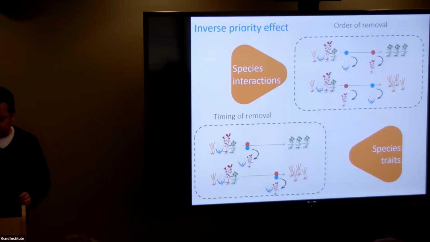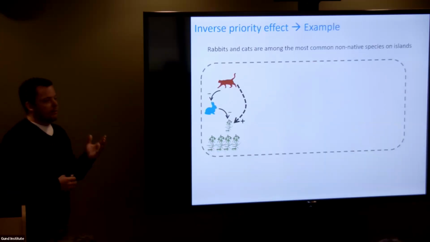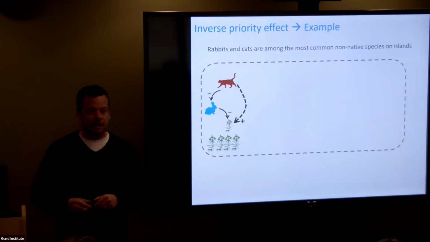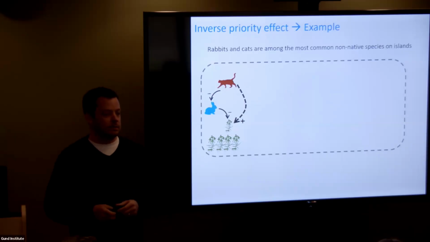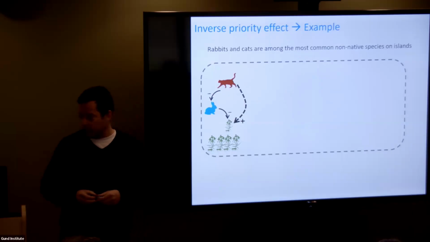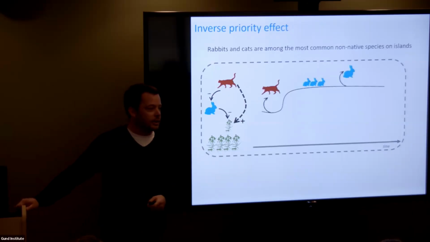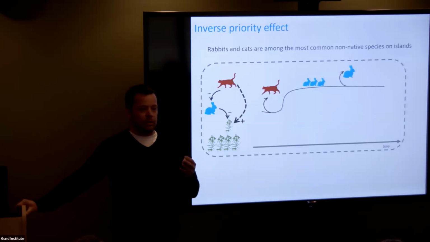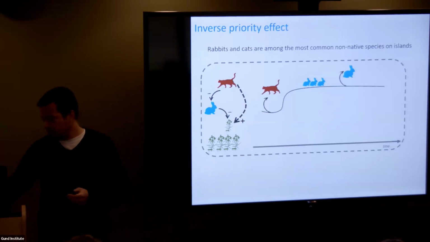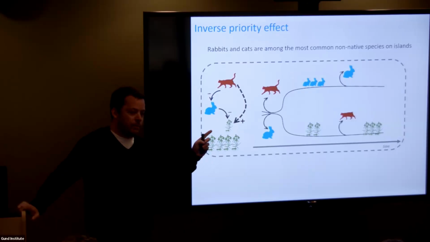And to give you a final and simple example, rabbits and cats are the most dangerous non-native species on islands. So there are two ways to do it. We can remove the cats first, and the rabbits are gonna take over, and they're gonna eat all the native vegetation. Or we can remove the rabbits first, but we need to remove the rabbits at the right time.